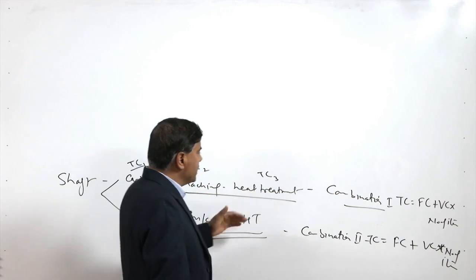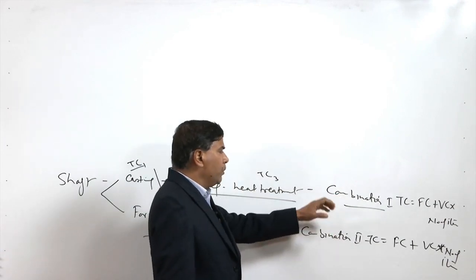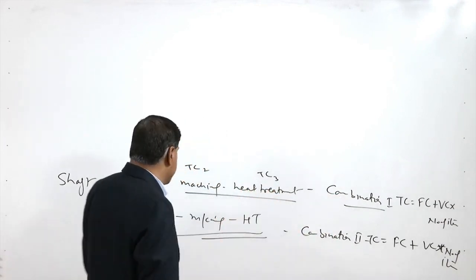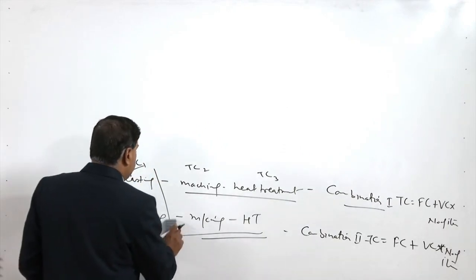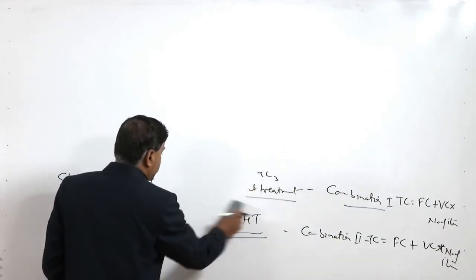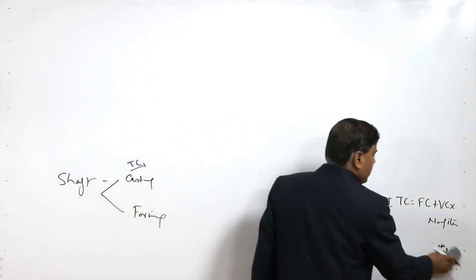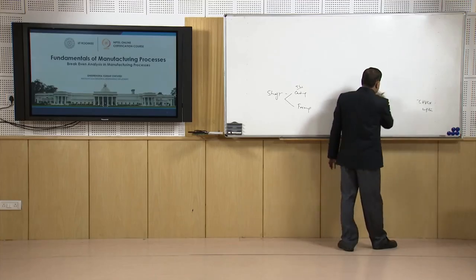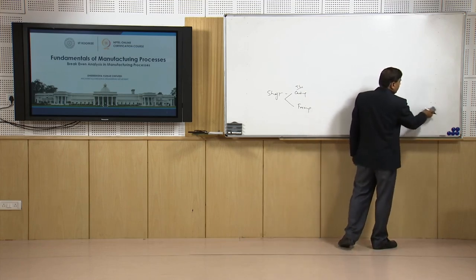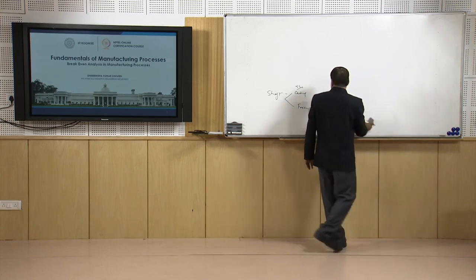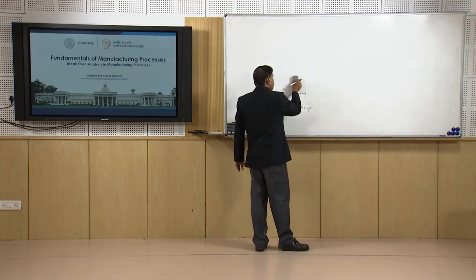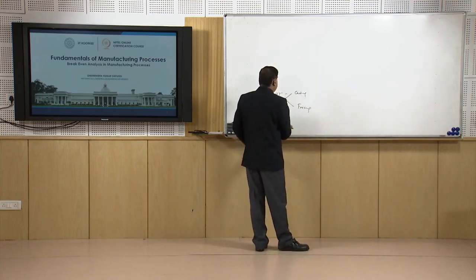So, whichever is leading to the lower total cost, that option is chosen. And if it is simple, like if the choice is to be made only between the forming and casting, then it becomes pretty simple, where just the total cost for manufacturing the given volume of the product by the forming and by the casting is identified.